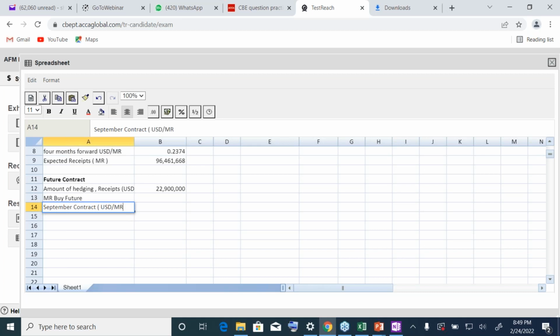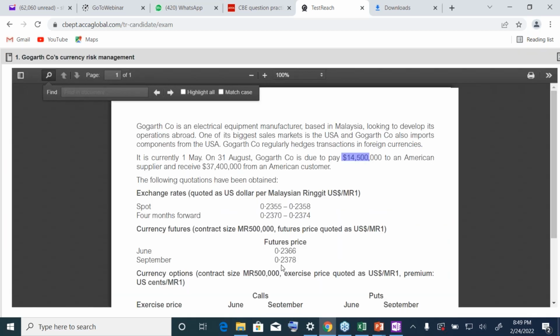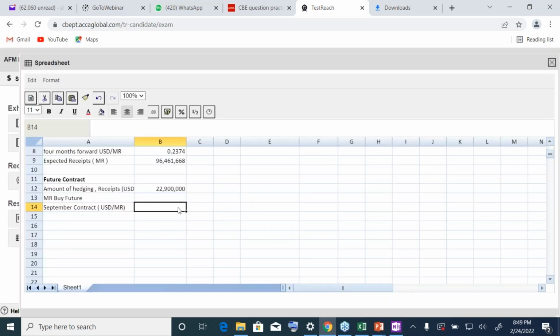USD over MR. Price is given here, the price is 0.2378. This is the September contract.